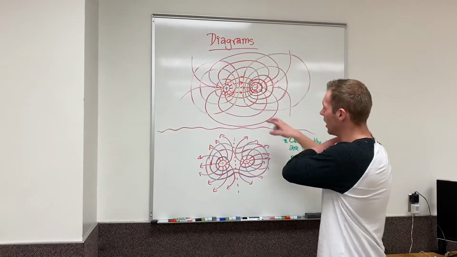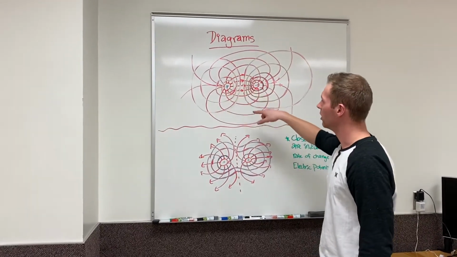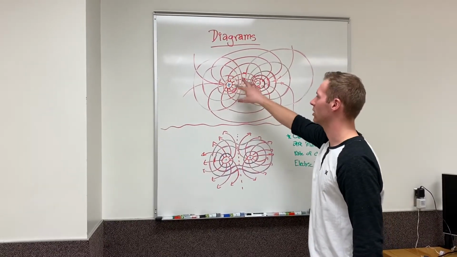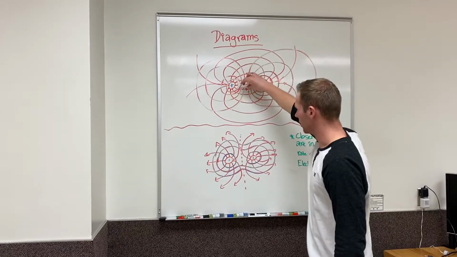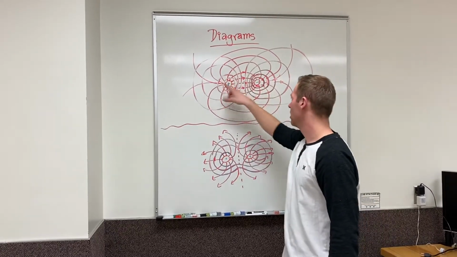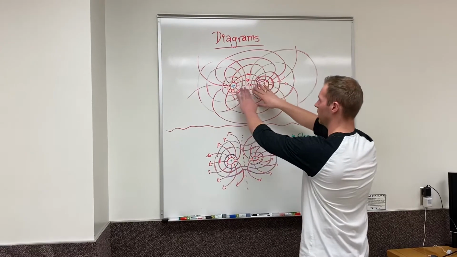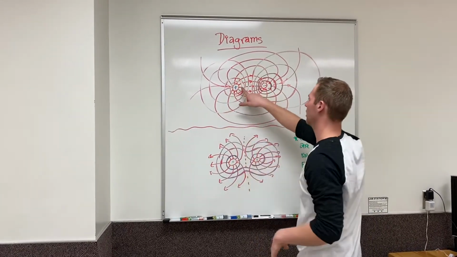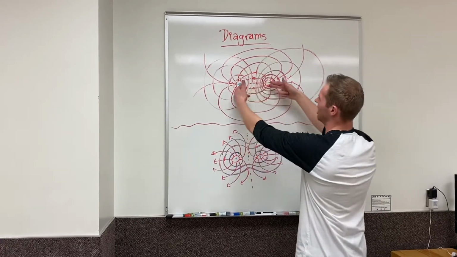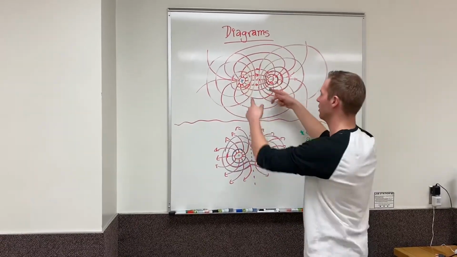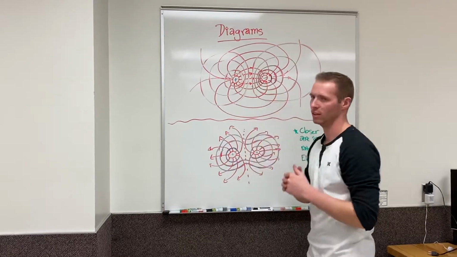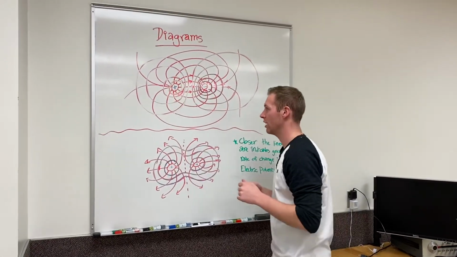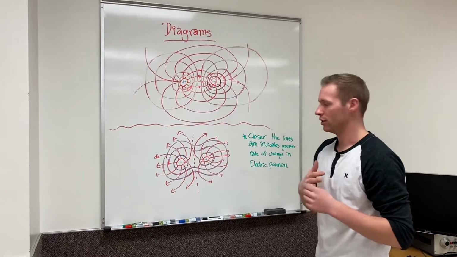As we get closer to the middle, you'll see that these equipotential lines are very close to each other, and as we get further away, they start to spread out. When we have our lines closer together, that means there's a greater rate of change. I'll give a couple more examples of that later.